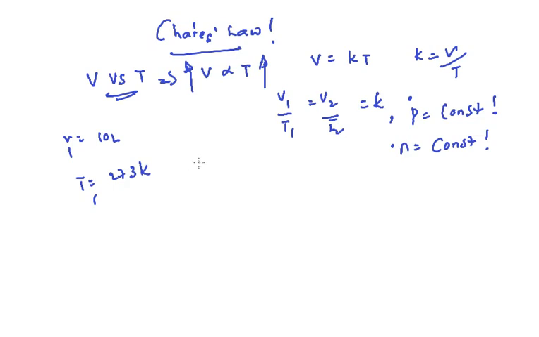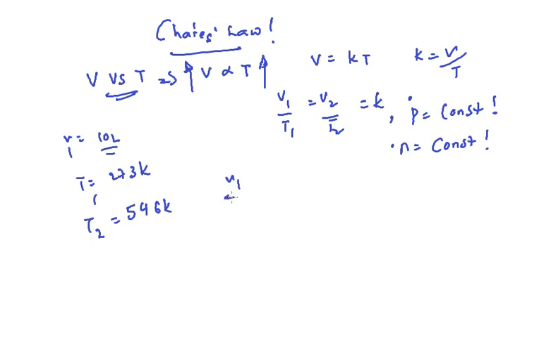Let's say I would like to double the temperature from 273, so I multiply 273 by 2, which gives me 546 Kelvin. And I would like to see the change of the volume. What would be the change of the volume? Is it going to double or is it going to be half?